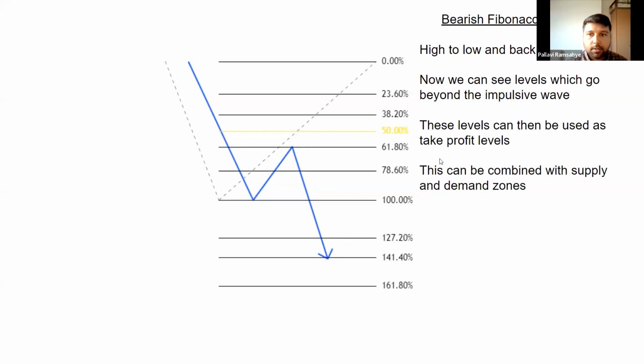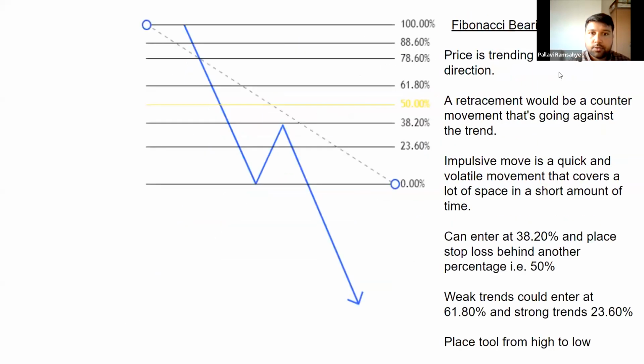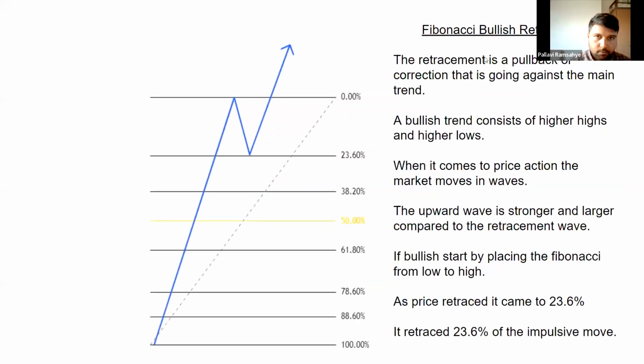This can be combined with supply and demand zones. These levels can be used as take profit levels as well. So we can see levels which go beyond the impulsive wave. If I come back to the retracement, right here, we're in the unknown.